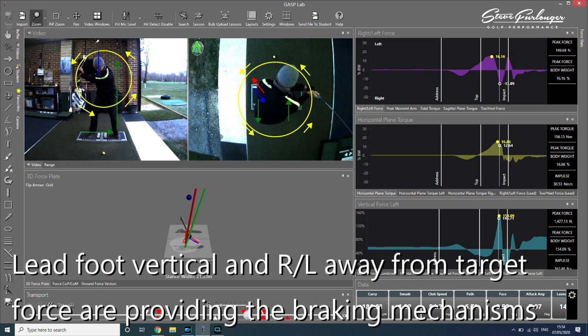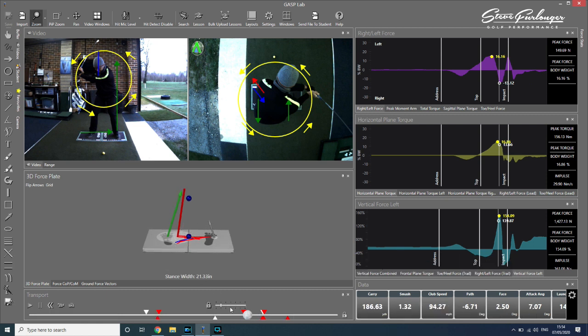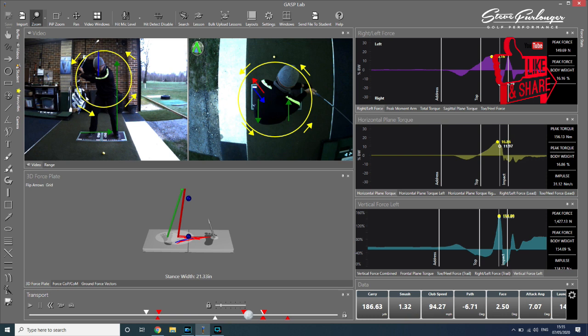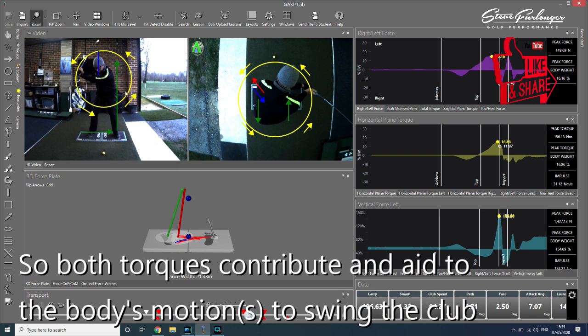The more I push down onto my lead foot, and my left foot is pushing across, I'm getting this reaction force back, and you can see this arrow is climbing upwards. The vertical force of my lead foot, measured on this graph, is spiking up before I get to P6 to stop my body rotating and to help contribute to this frontal plane torque, this windmill torque.